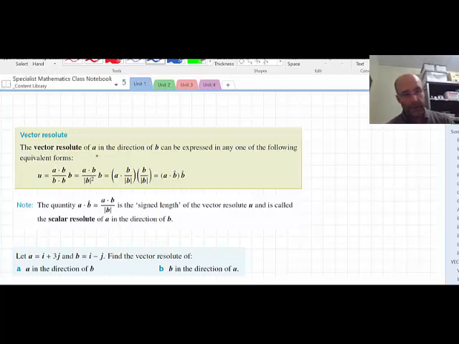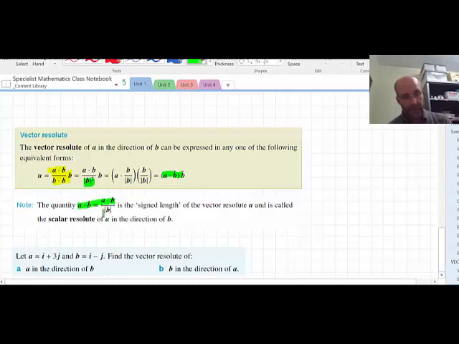So written formally, there it is. The vector resolute of A in the direction of B can be expressed in these forms, equivalent to what we just saw above. B dot B is the magnitude of B squared, as we've learnt previously, and manipulating it further, we eventually get this form here.